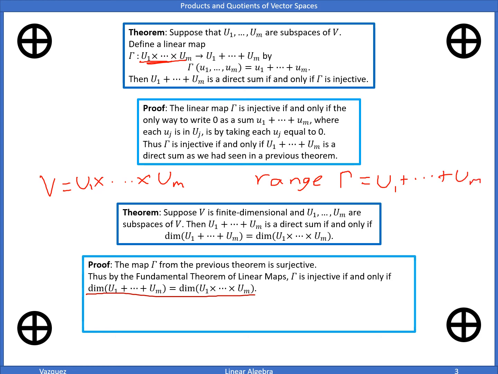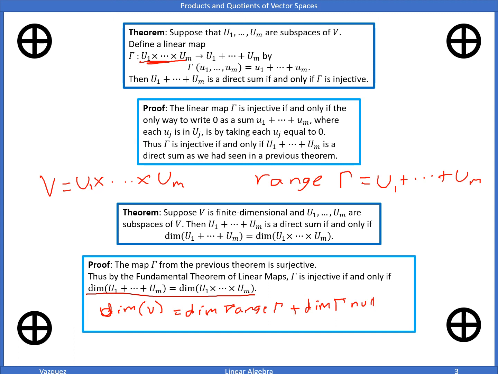Well, the fundamental theorem of linear maps tells us that the dimension of V should equal the dimension of the range plus the dimension of the null space.